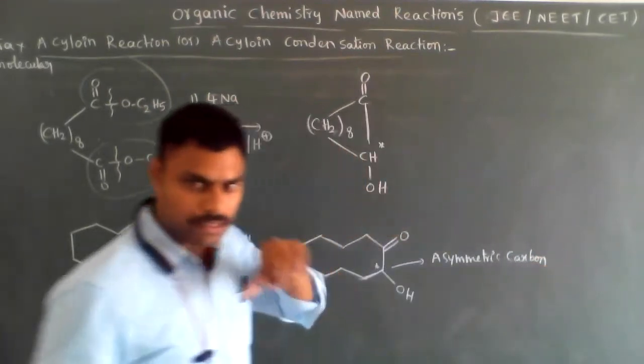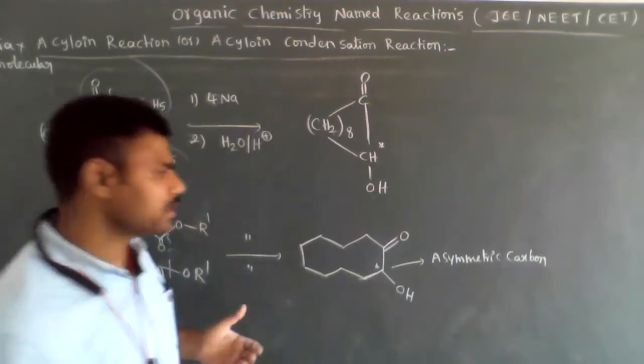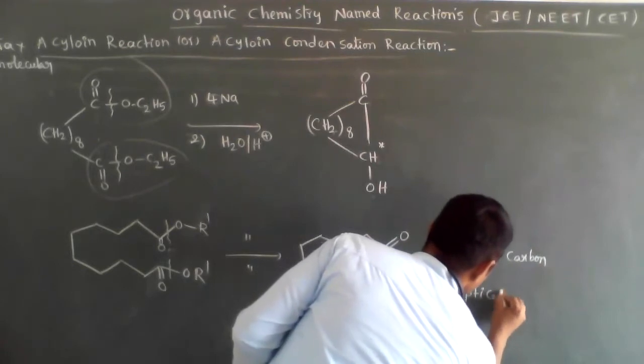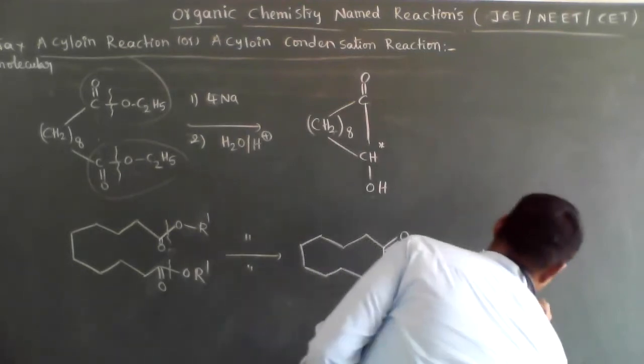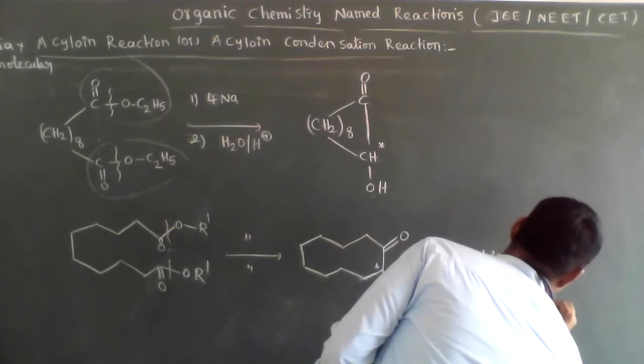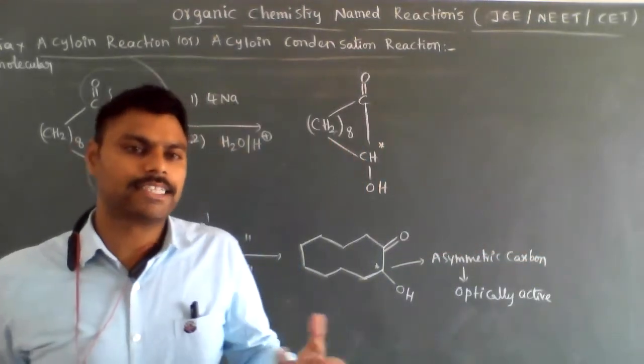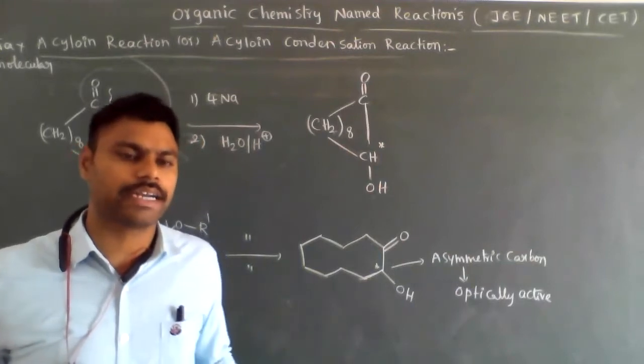Asymmetric carbon means the compound is optically active. One asymmetric carbon means 2 optical isomers will form: one is the dextrorotatory compound, the second is the levorotatory compound.